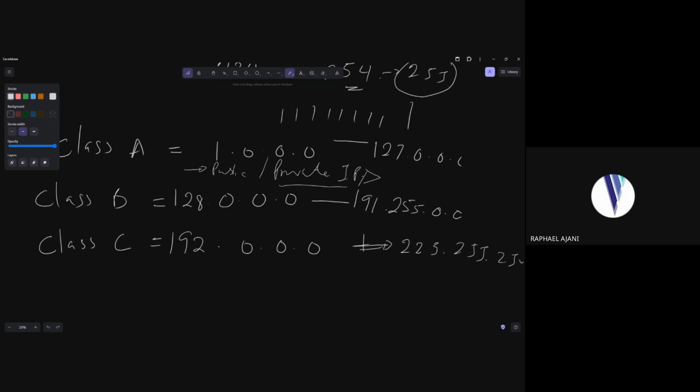There are segments of the range they've classified as public and segments they've classified as private. You cannot assign those public IP addresses to yourself. You have to buy them, and it is across the classes.